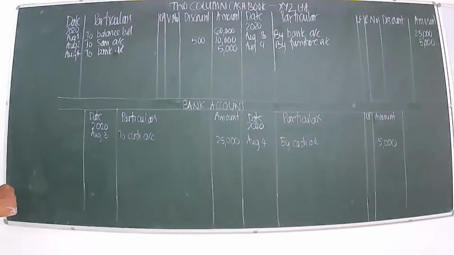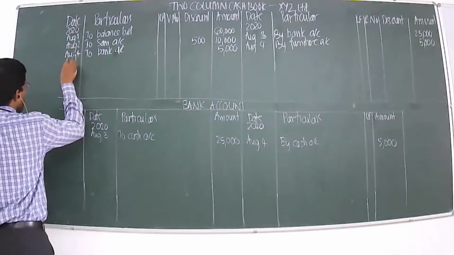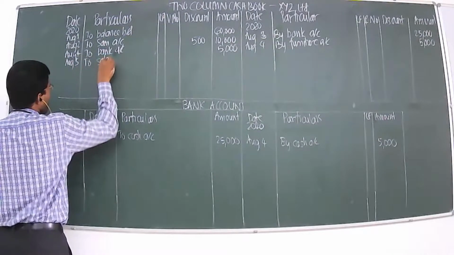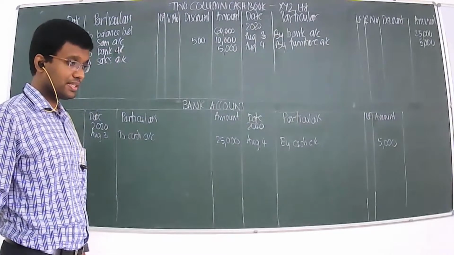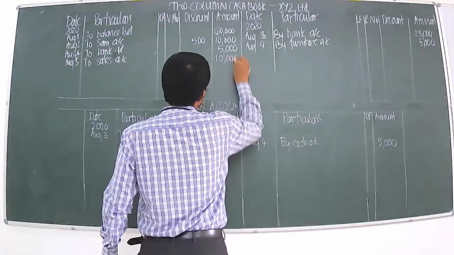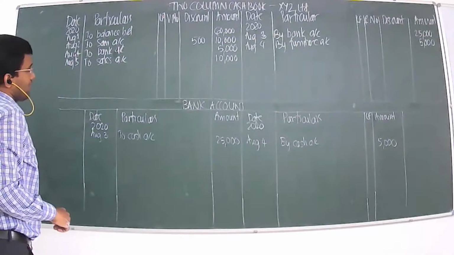You're receiving the payment in the form of a check. So August 5th, to sales account, and the amount is 10,000.